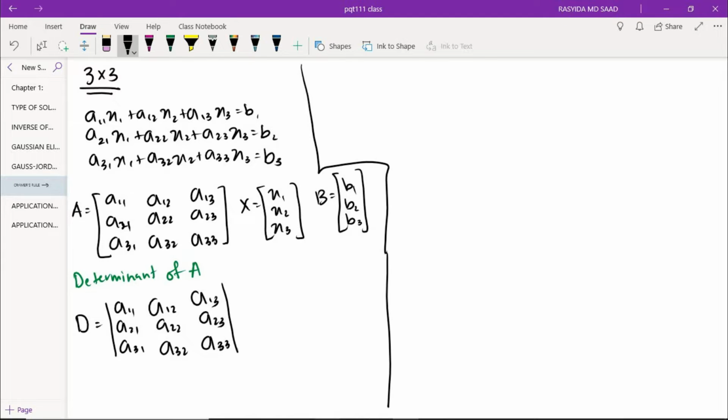To find this determinant, you can use either the third order determinant, remember how to find the third order determinant, or you can use the higher order determinant.